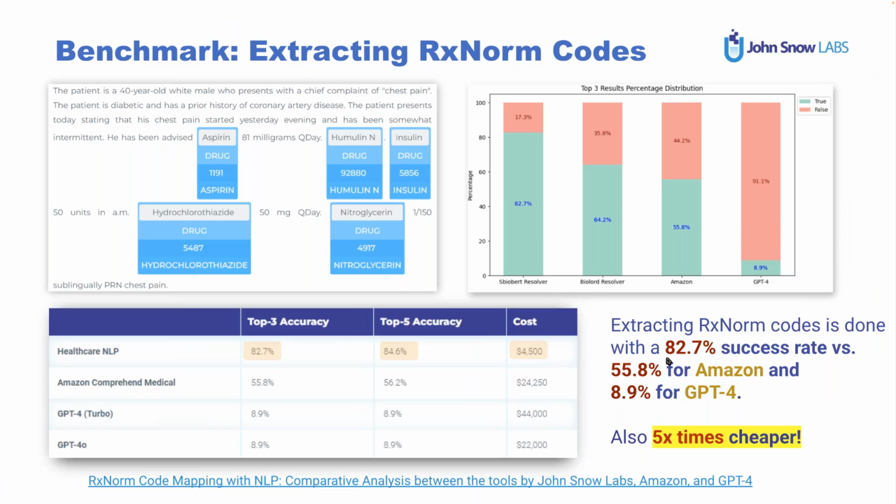For example, this one, RxNorm code mapping with some other cloud providers and also the LLM model. And also John Snow Labs Healthcare NLP library is 5 times cheaper than the other options, as you can see.